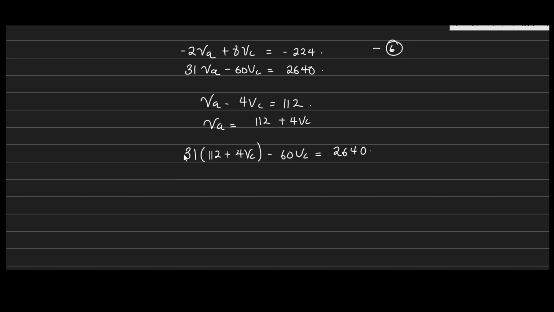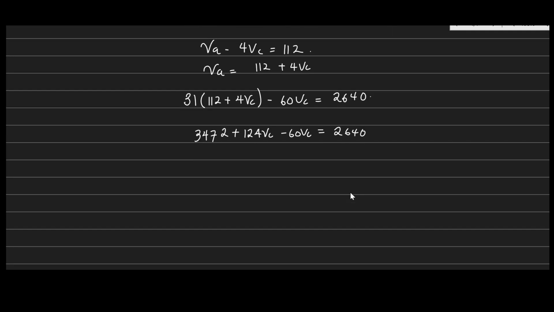So this will be 31 by 112, that is 3472, and then 31 by 4, that's 124, minus 60VC equal to 2640, right?